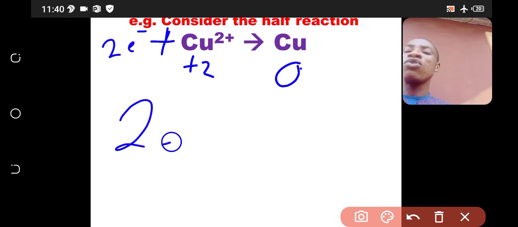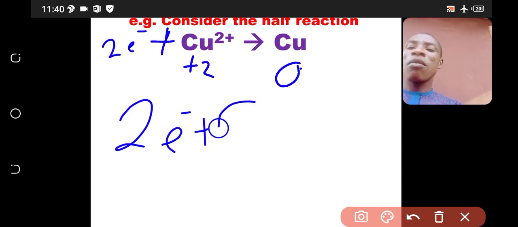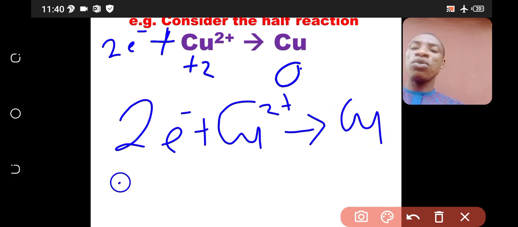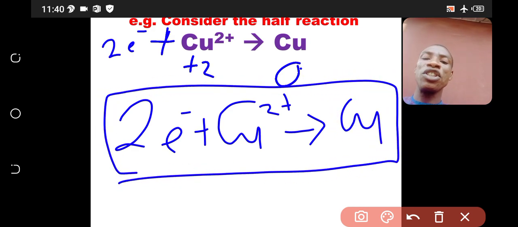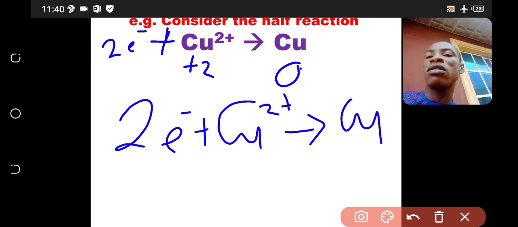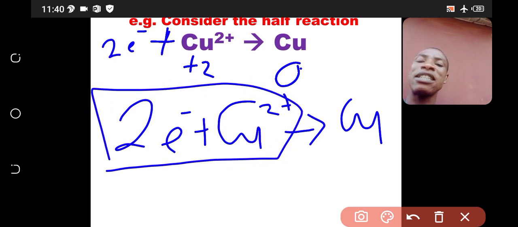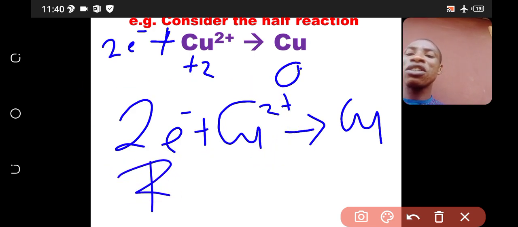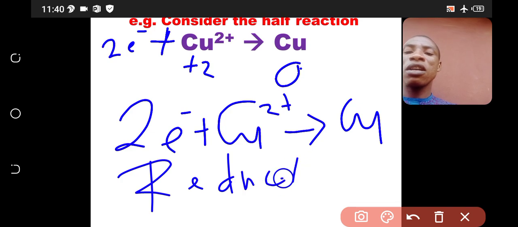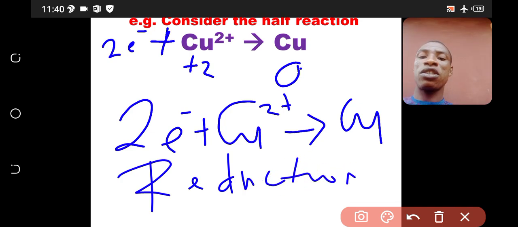So we're going to have 2e minus plus Cu2 plus giving us Cu. That will be the balanced half equation of that reaction. Now look at this very well. You are going to see that the electrons are on the reactant side. So the reaction is a reduction equation. It's a reduction equation.